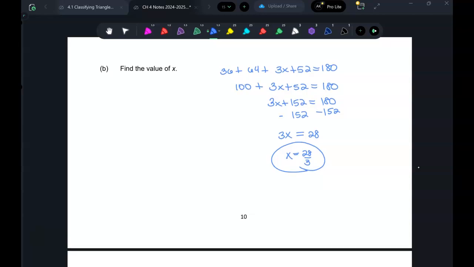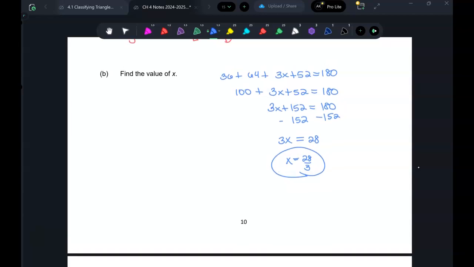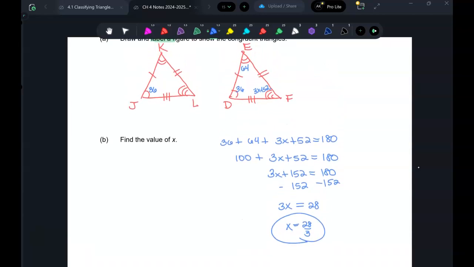The number one thing they taught us was to never have an improper fraction. And then when you get to high school, everything is going to be improper fractions. You're supposed to simplify everything. This technically is simplified. It's not a mixed number.